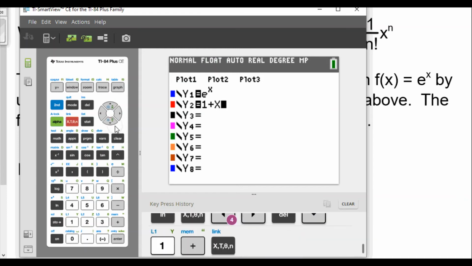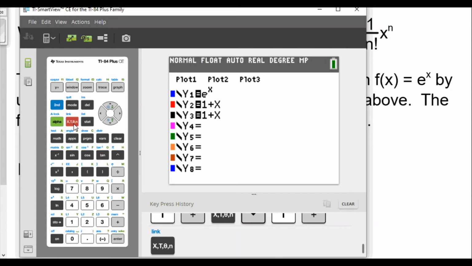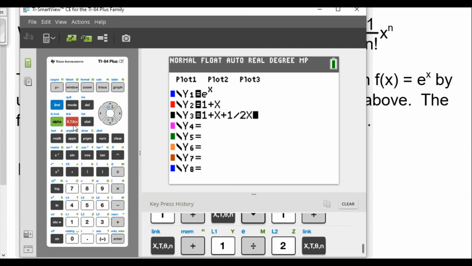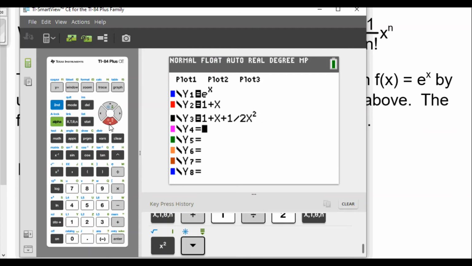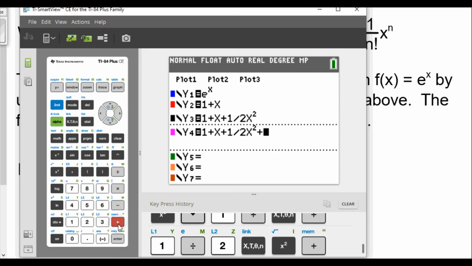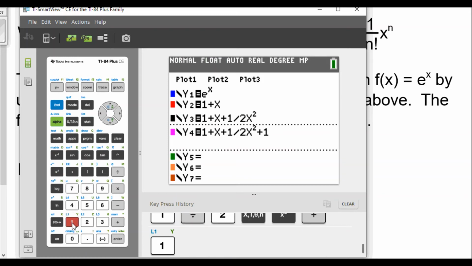Okay, and then we're going down. We type in the next one, 1 plus x plus 1 over 2 x squared. The next one will be 1 plus x plus 1 over 2 x squared plus 1 over 6 x to the third.